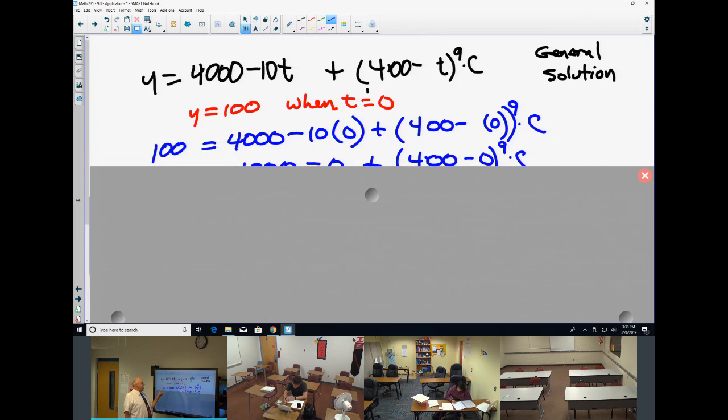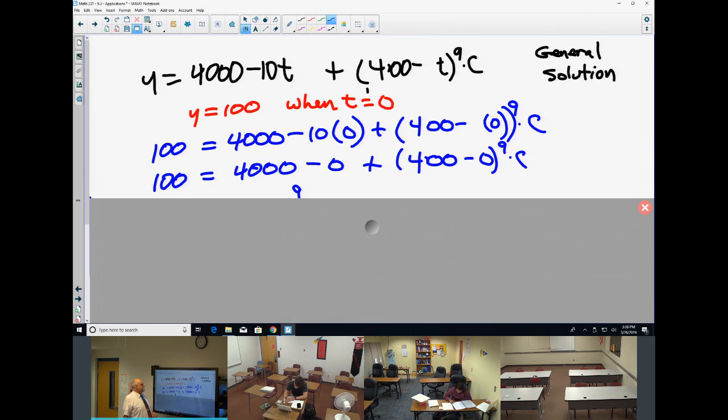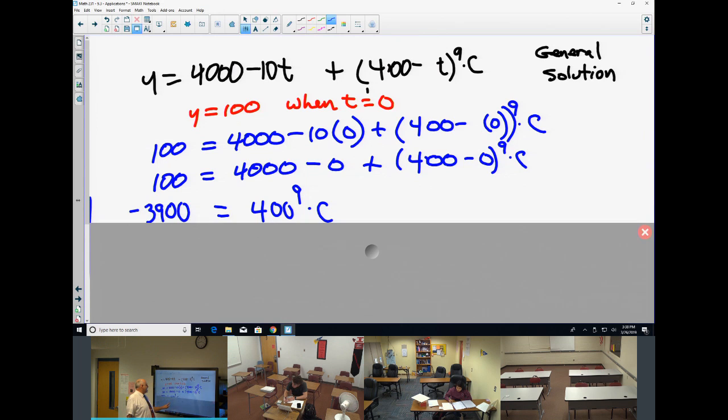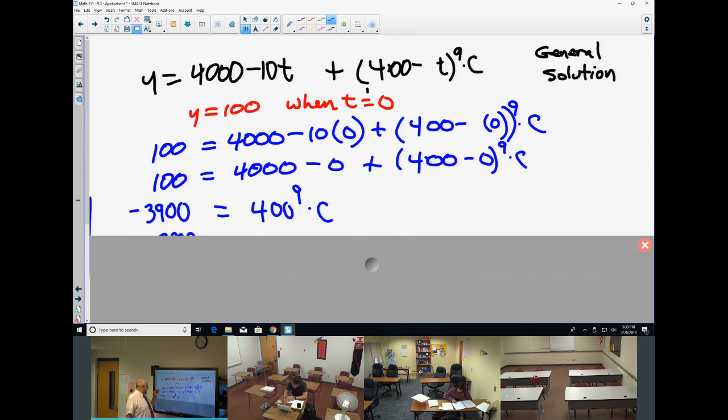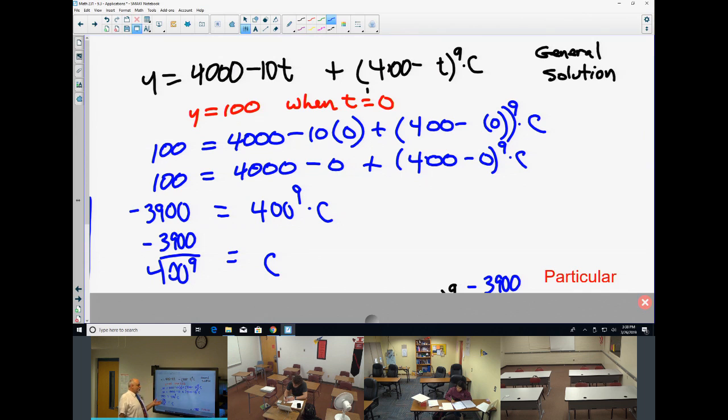So that gives us 100 equals 4,000 minus 10 times 0 plus 400 minus 0 to the 9th times c. All right, so that's going to get us negative 3,900 equals 400 to the 9th times c. And when I divide by 400 to the 9th, that's going to be a really small number. That's pretty close to 0, but I still want to use it since I found it.